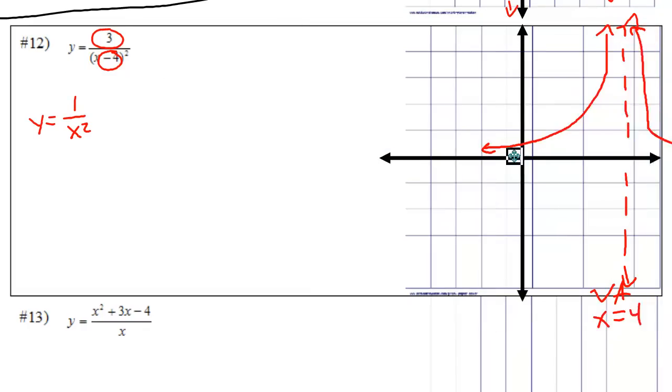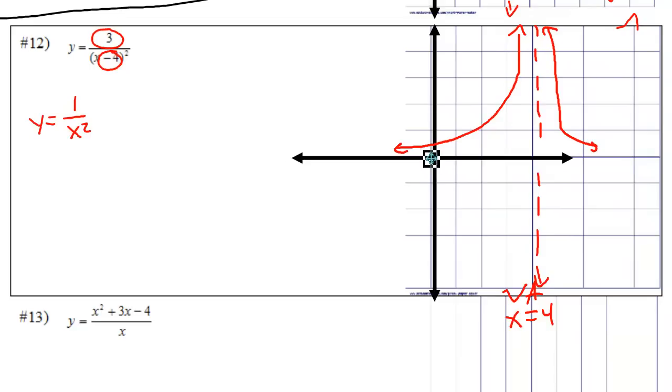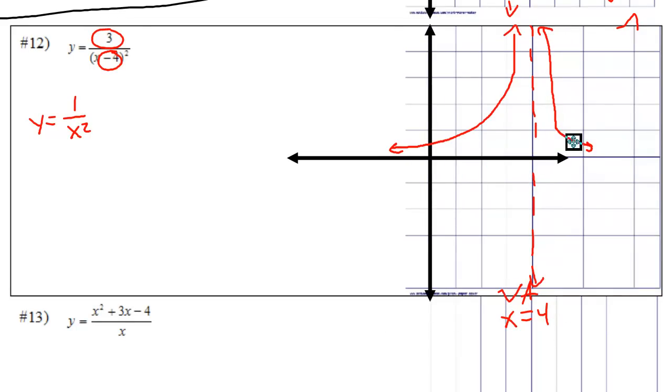I'll just move everything over. I have this y-intercept to worry about. There's no x-intercepts.